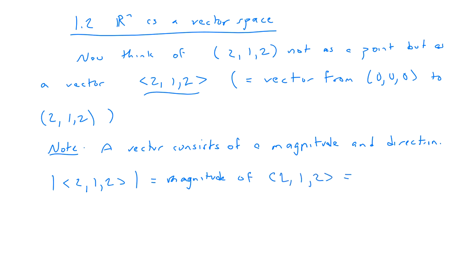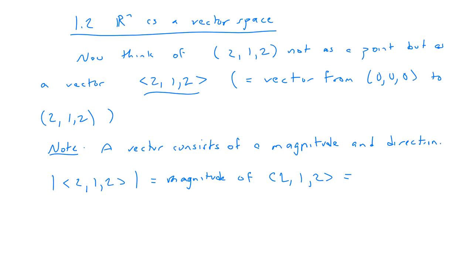What is the magnitude of a vector? How do you get that? We sort of have done this in section 3.3, but just reminding you. So what's the length or magnitude of this vector?